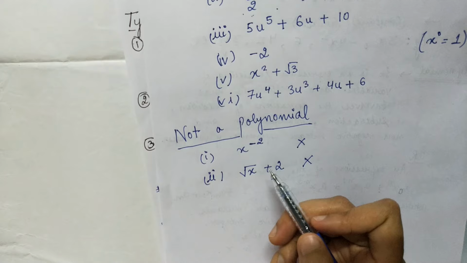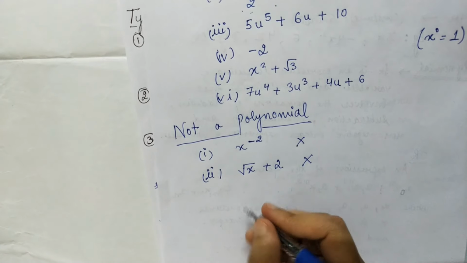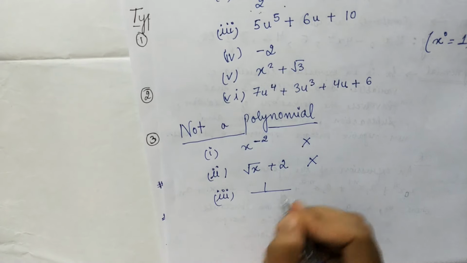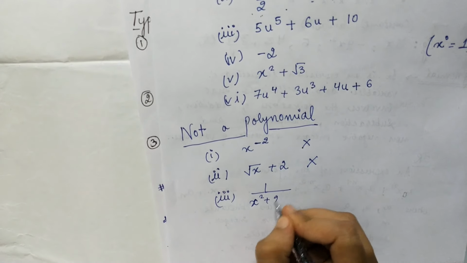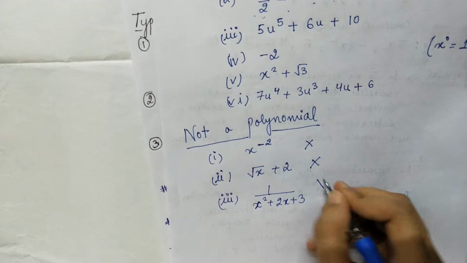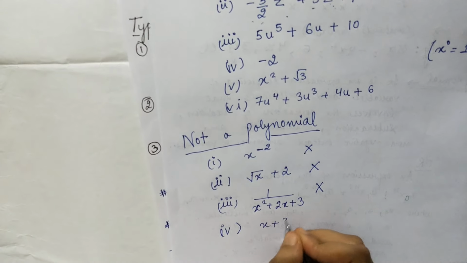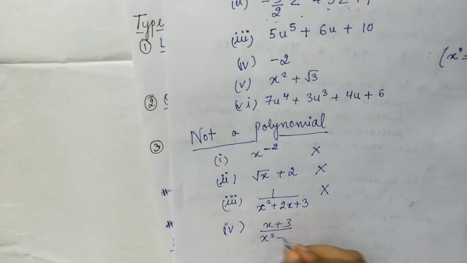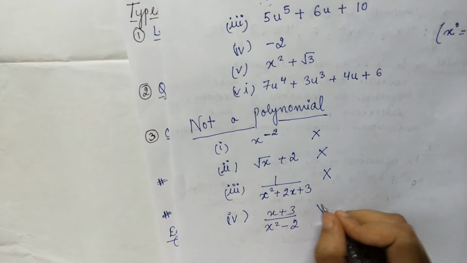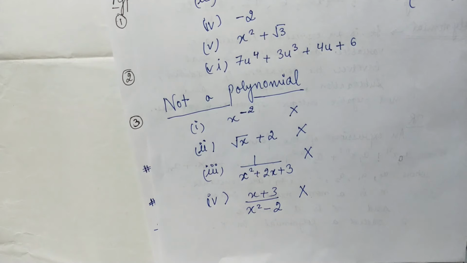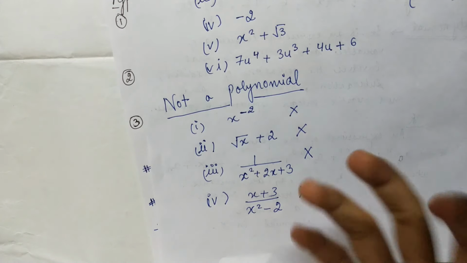The exponent should be a non-negative integer, but here it is not. So these are some examples where it is not a polynomial. You can write further examples also.